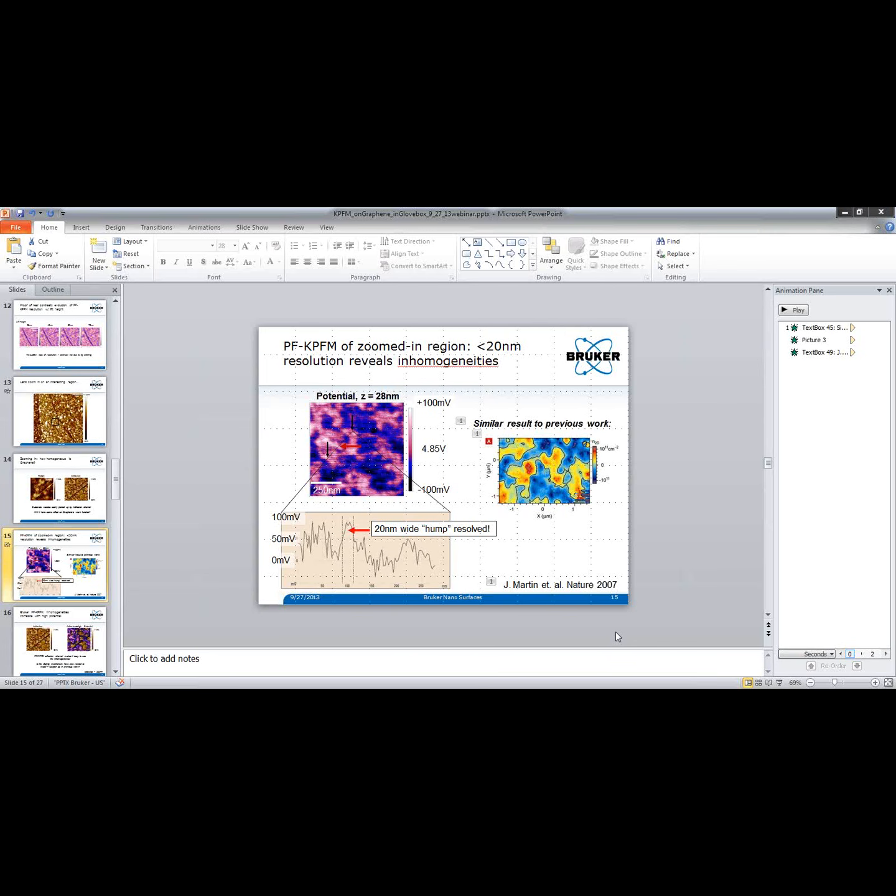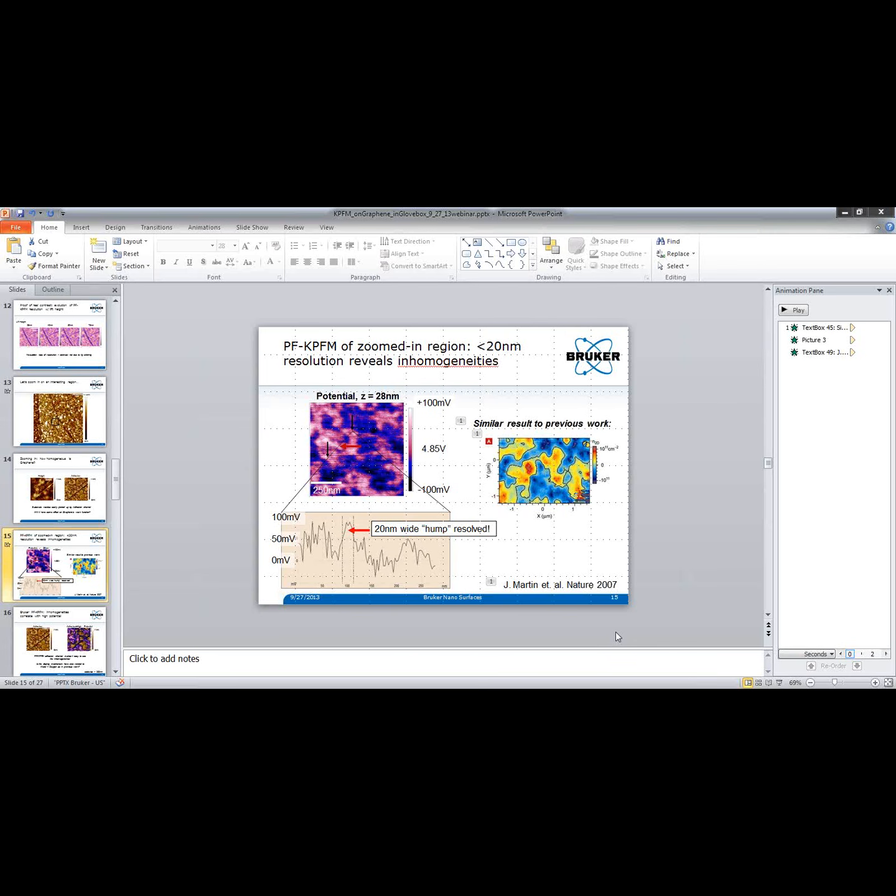I guess I was primarily interested in demonstrating what you could do with PeakForce KPFM because I wanted the adhesion channel and I wanted the guarantee that I would be able to use small lift heights, and I wanted the guarantee that I could use this specific tip. With another tip, I might be able to reproduce this result, I might not, but with this method, every single tip I tried, I got a good result. So I didn't have to do any guesswork, really.